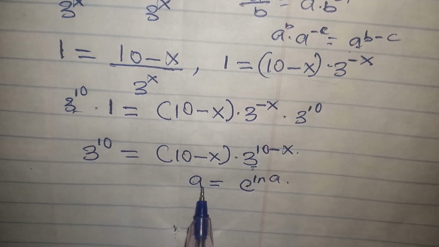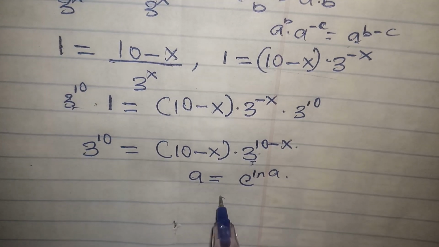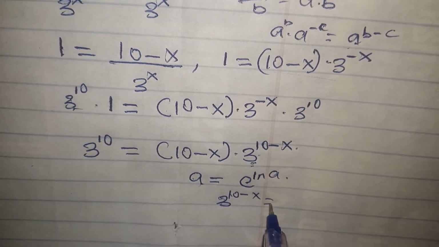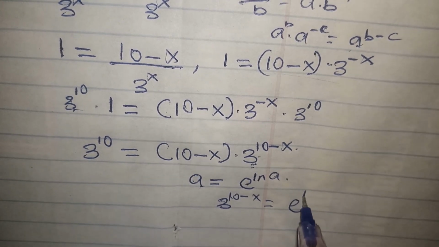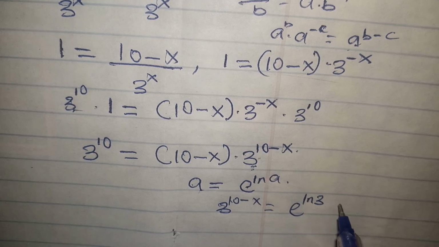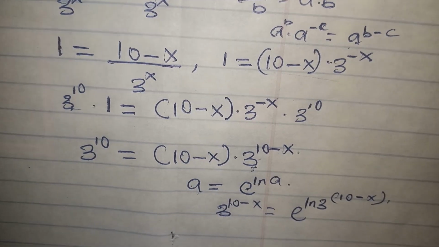So if we put this principle here, we'll simply have 3 to the power of 10 minus x is also equal to e to the power of ln of 3 to the power of 10 minus x, bracket close.